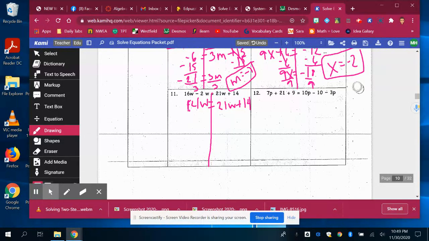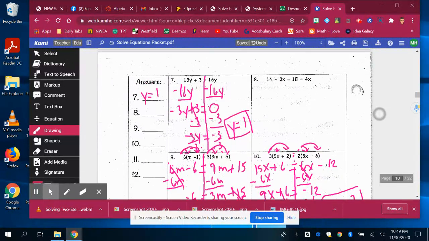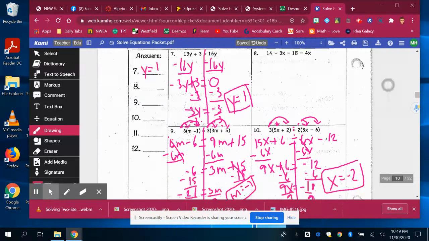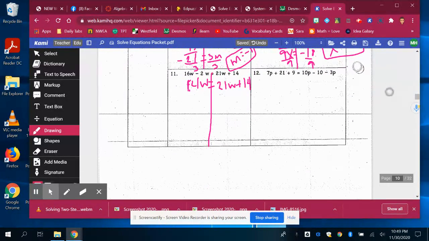And this is very similar to our problem that we did up here, number 7, where we have a variable term on one side along with a constant, and then just a variable term on the other. So I would like to move my variables over to one side and just keep my constant term on the right. So I'm going to move 21w, and I get 14 over here because my 21w's cancel.